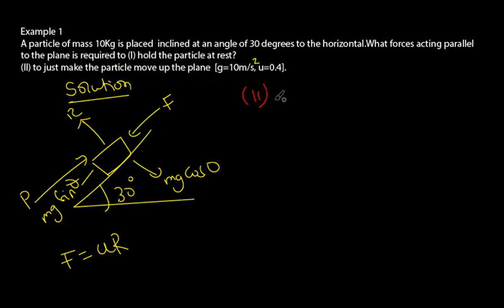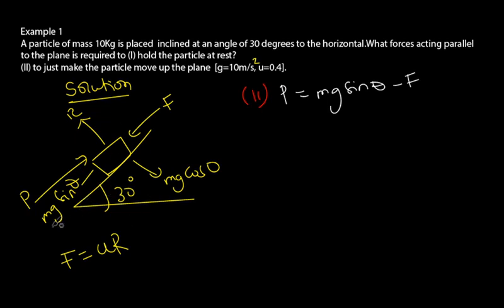If in the first case, to make the particle at rest, we had P equal to mg sine theta, if you remember, then minus the frictional force, this is what is required to hold the particle at rest on this surface.